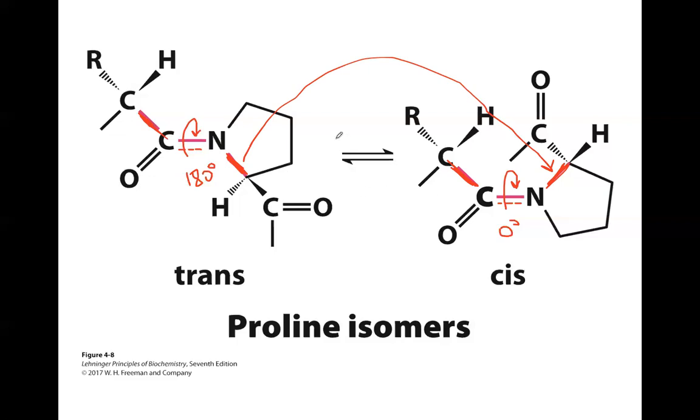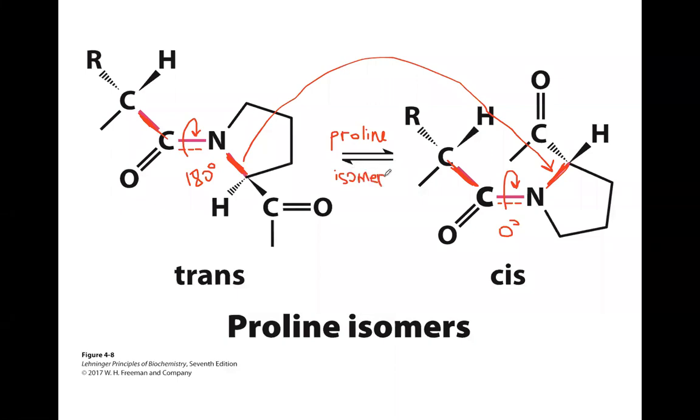And there is a family of enzymes known as proline isomerases, right? It's not so easy for proline to isomerize. It won't do it by itself because of the partial double bond character here.